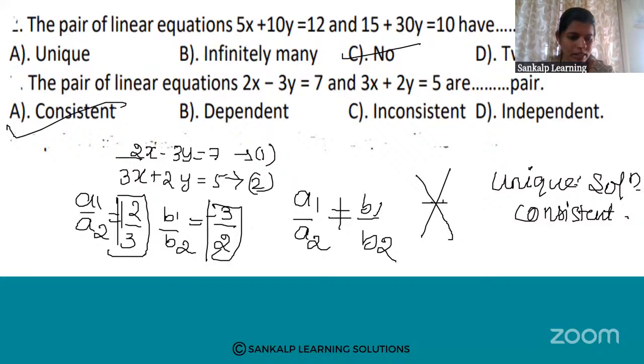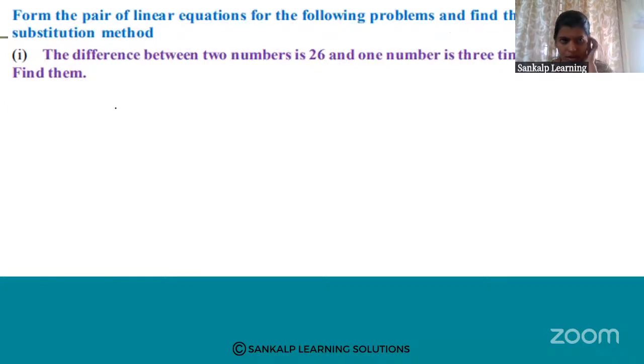Okay. Next. Form the pair of linear equations for the following problems and find their solutions by substitution method. See here we are going to use substitution method. The difference between the two numbers is 26. That means here two numbers are there.